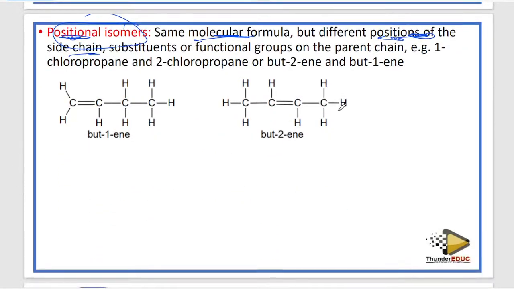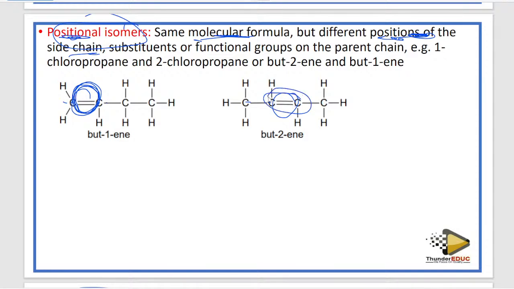We shall look at the isomers in more detail. Now, position isomers change the position of the functional group. This is the functional group, the double bond. Remember, it reacts in a specific manner. Here it is between the first and the second carbon, and here it is between the second and the third.